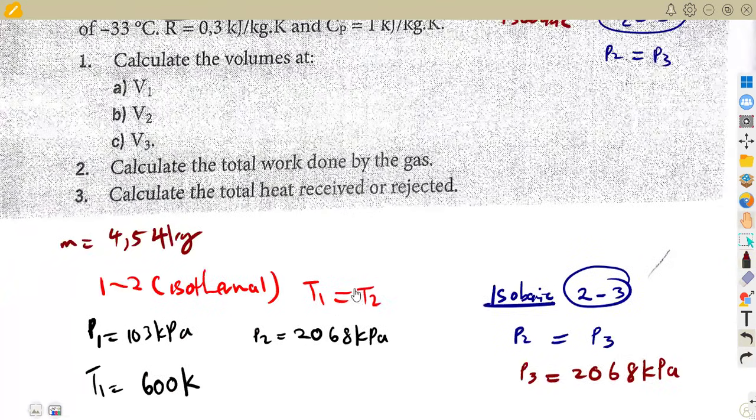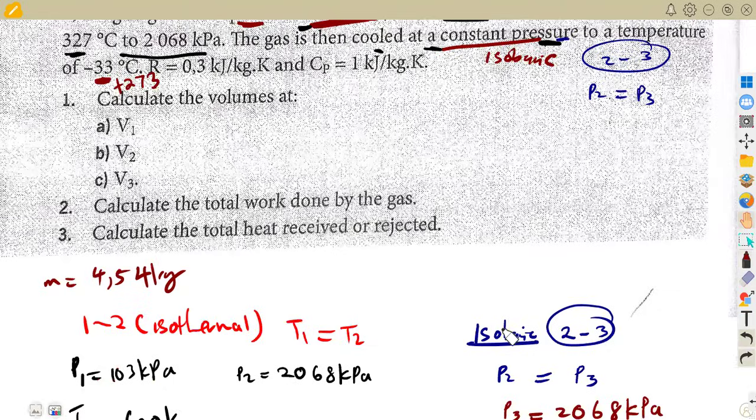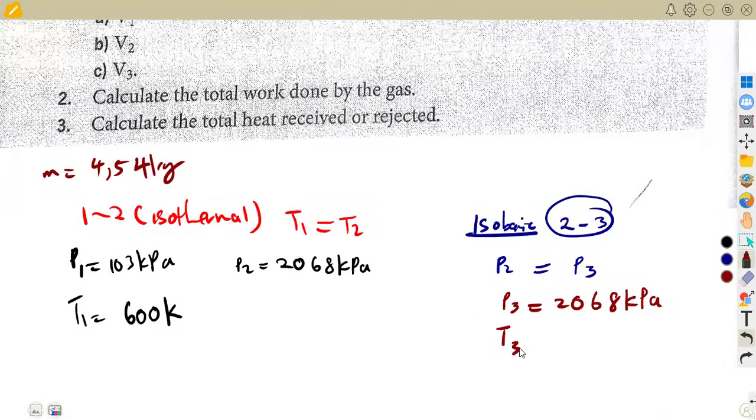Then the temperature there is negative 33. If I add 273 to get Kelvin, that will be 240. So T3 is 240 Kelvin. These are the stages that we have.